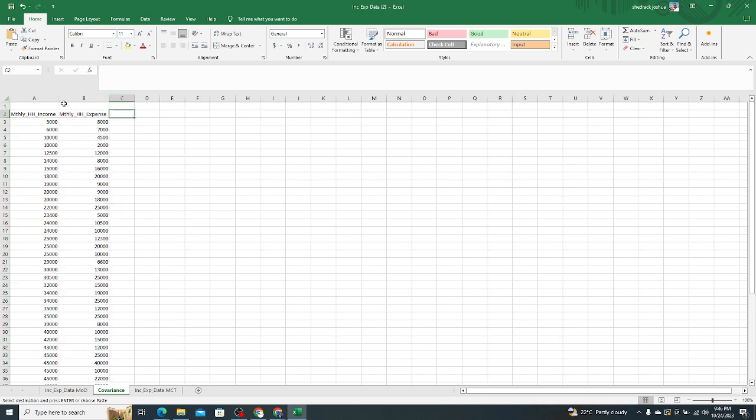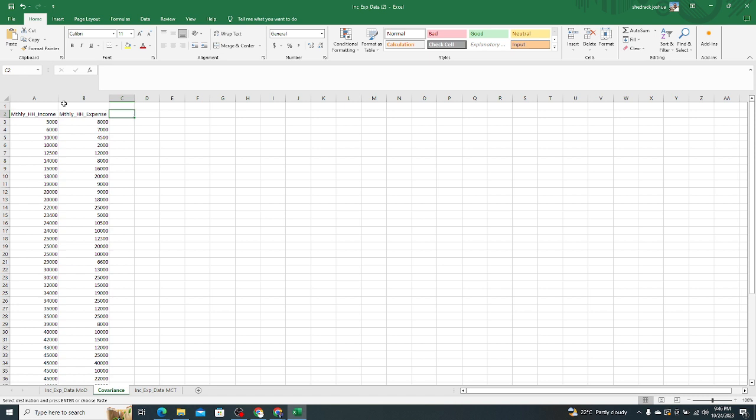How do we behave, or what is the consumer behavior, when the income increases? Does it mean when income increases the expenditure also increases, and when the income decreases the expenditure will also decrease?